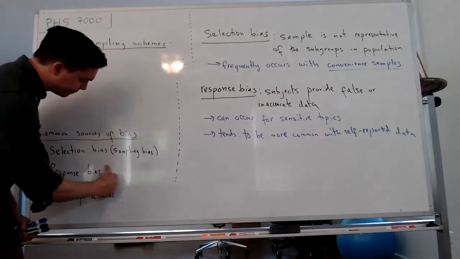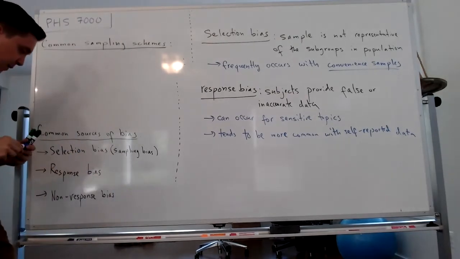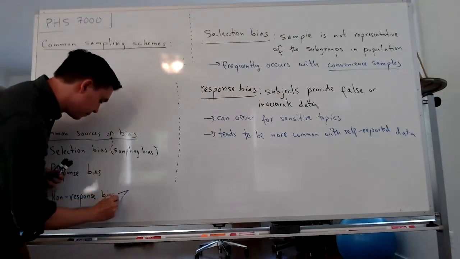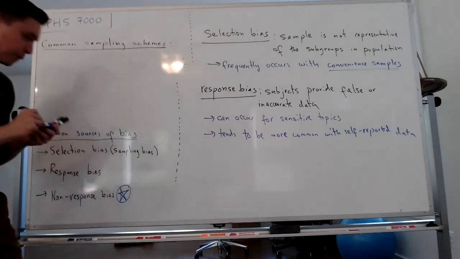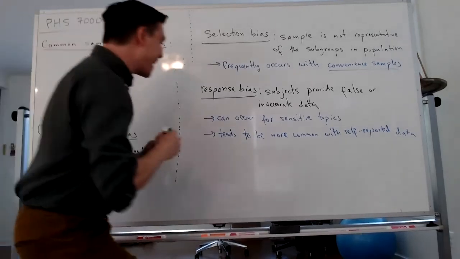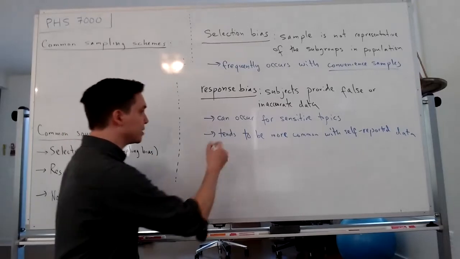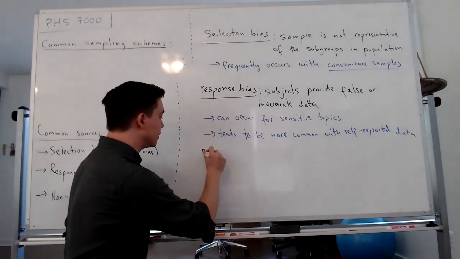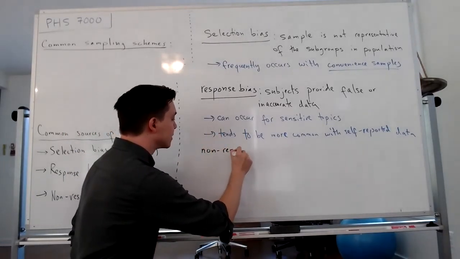The last one, non-response bias. Also very much tends to do with how we are asking the questions, how we're trying to reach our subjects.